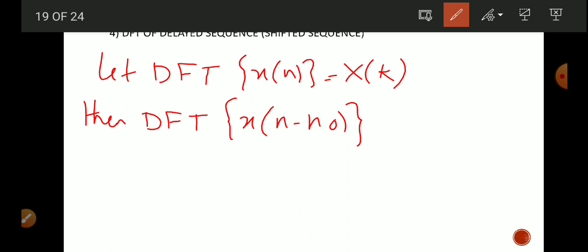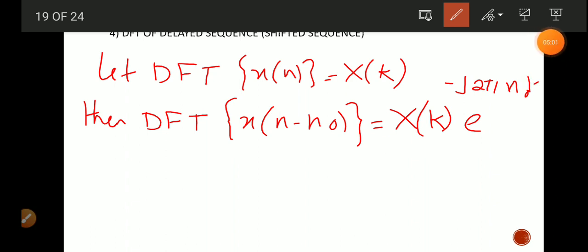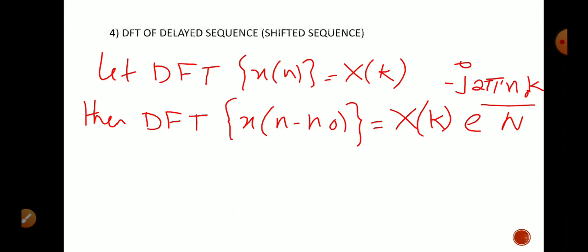Then DFT of shifted sequence can be written as X of k into e raised to minus j 2 pi n0 k divided by N. This is the DFT of the delayed sequence.